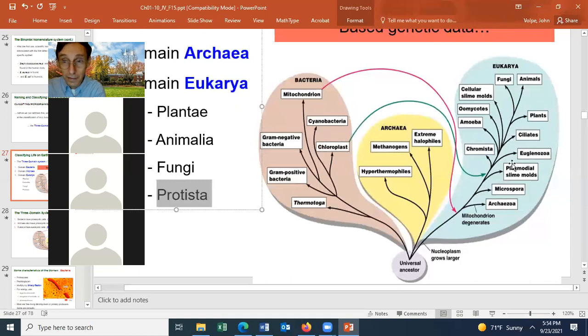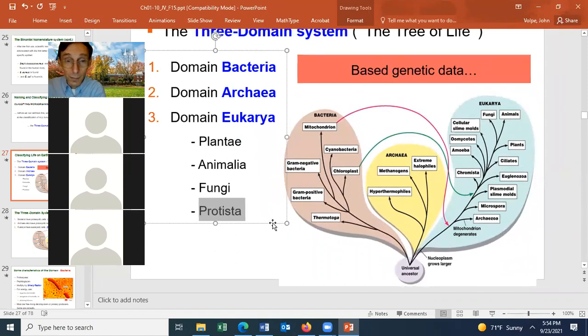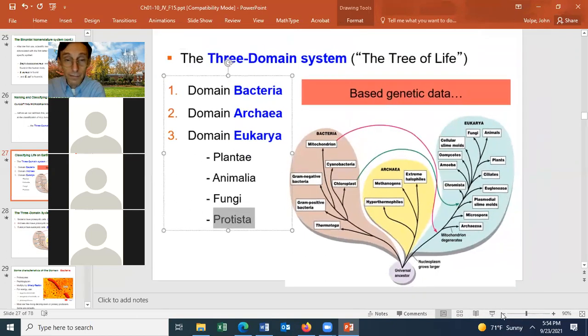All of these others did not, unless you come way back here, in which case, way back here, all the eukaryotes came from a common ancestor. That's what we mean. The Protista are a collection. They are not necessarily similar to each other. And we just use that as a grab bag to put other eukaryotes into that are not plants, animals, and fungi.